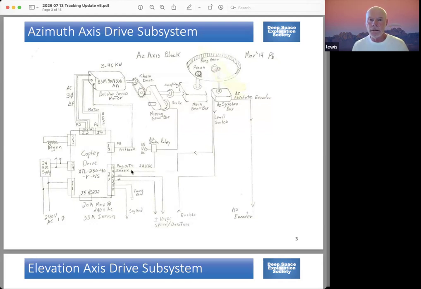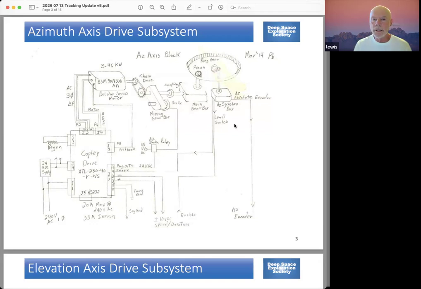And then the final thing I haven't covered on this diagram is the axis encoder. That encoder runs off a separate gearing chain than the actual drive mechanism.